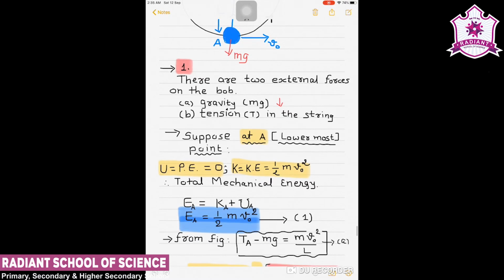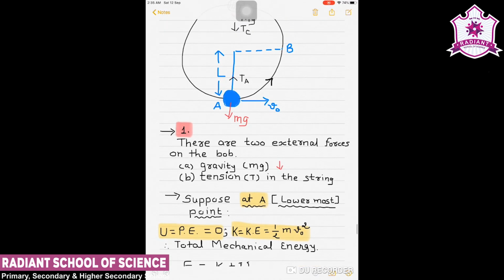Now at point A, if we go to the figure, we find that the tension force is acting towards the center and the gravitational force is acting in the downward direction. Obviously the string is tied towards the center, and therefore we can say that the tension force is greater than the gravitational force, and due to this tension force it will perform a circular motion.